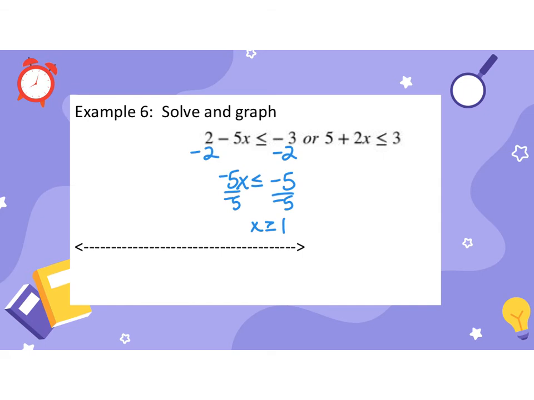X is greater than or equal to 1. Come on back up here. 2x is less than or equal to 3 minus 5, which is just going to be a negative 2. Divide by 2. It's a positive 2 that we're dividing by, so don't worry about flipping. And now this is what I have.